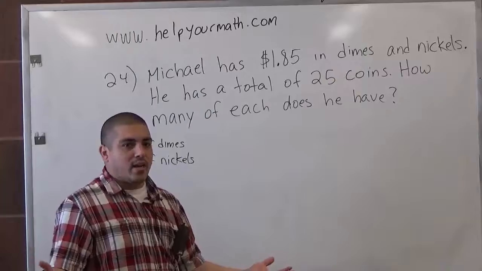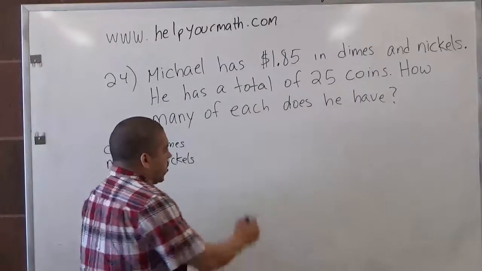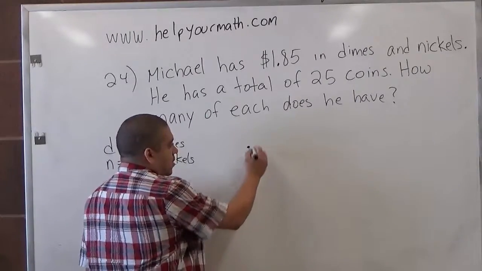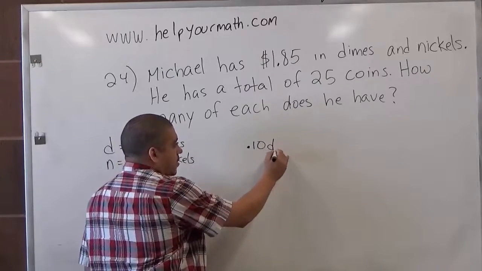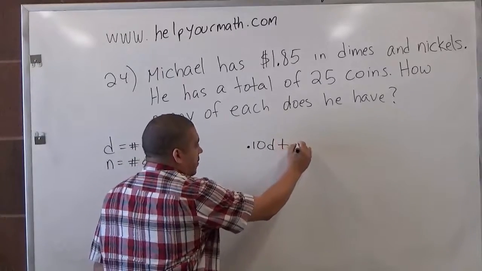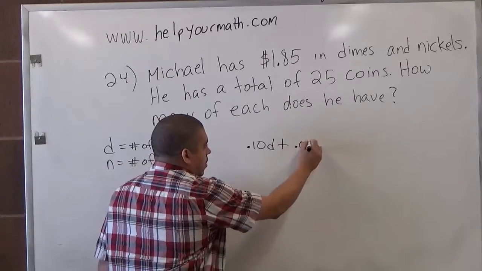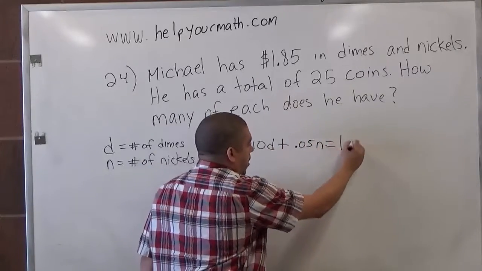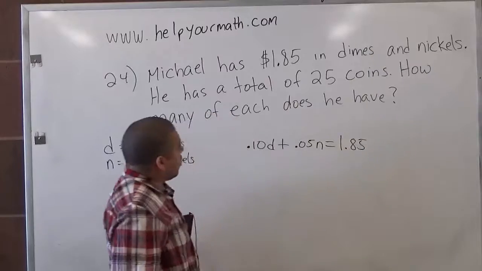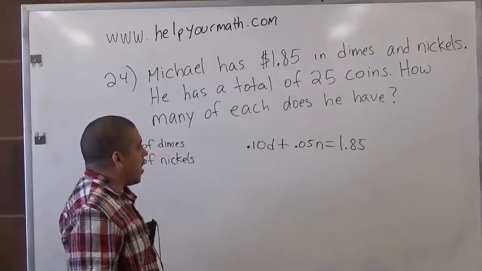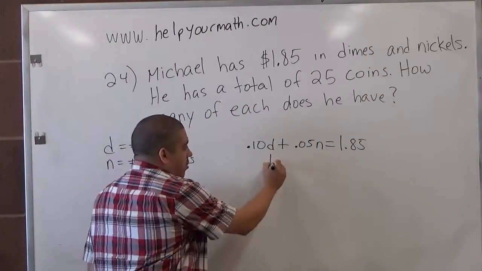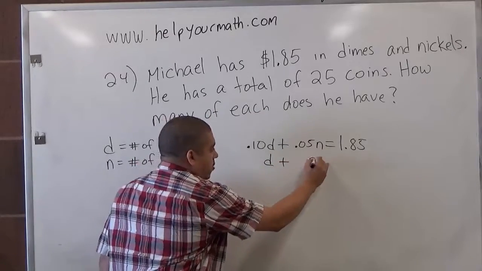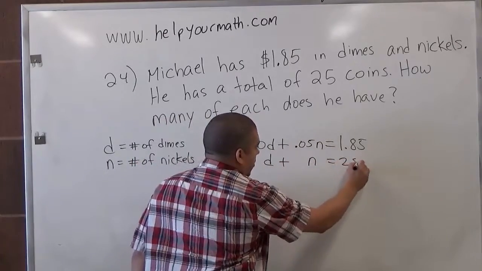We don't know exactly how much he has of each, but we know that 10 cents times the number of dimes plus 5 cents times the number of nickels is going to give you $1.85. And we also know that he has a total of 25 coins. So the number of dimes plus the number of nickels equals 25.